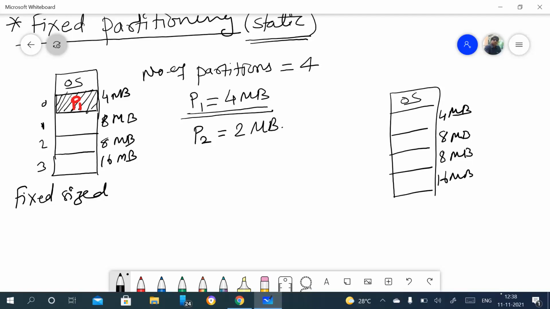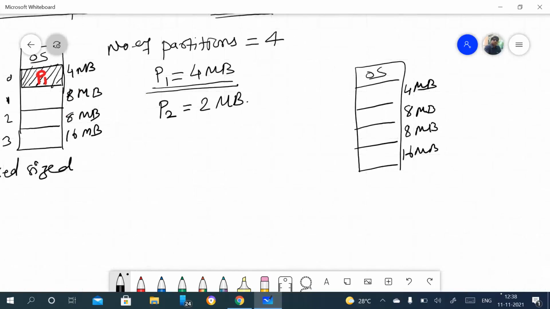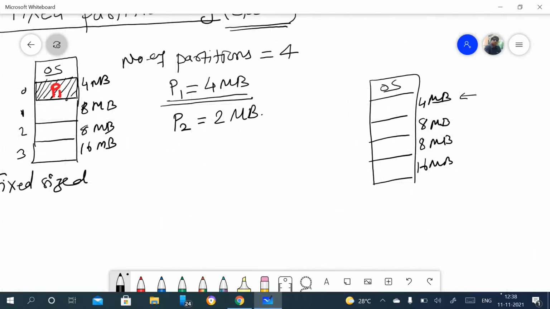In none of the partitions is a 2 MB slot available. The minimum slot is 4 MB, and the rest are 8 MB and 16 MB. If we want to keep P2 in memory, we can keep it here, but the size is this one. This is P2.